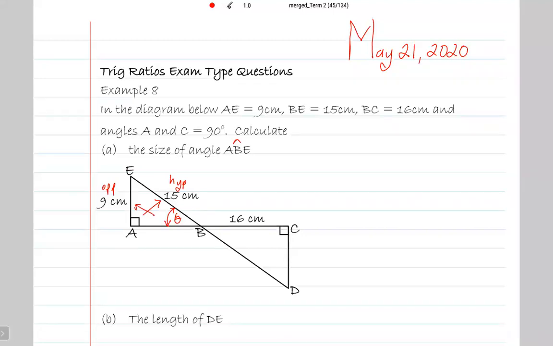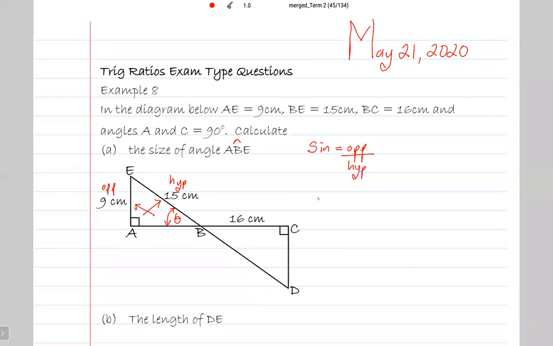So then I would ask myself, which trig ratio includes opposite and hypotenuse? The answer to that is sine. So I'm going to write sine is equal to opposite over hypotenuse.